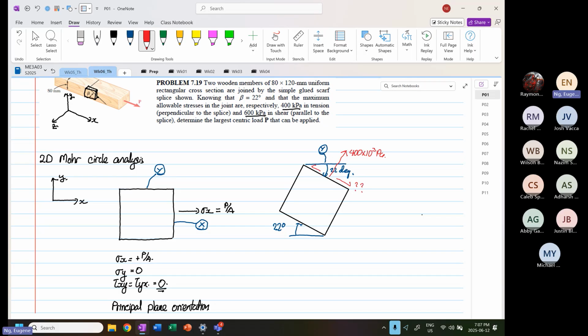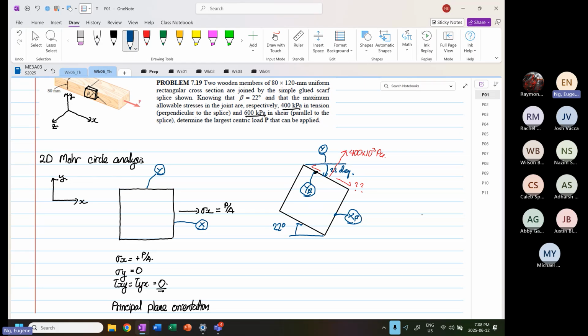At this plane over here, I'm going to call this my Y beta, because we're going to rotate from Y. And I will call this one X beta. So we have Y beta and X beta.